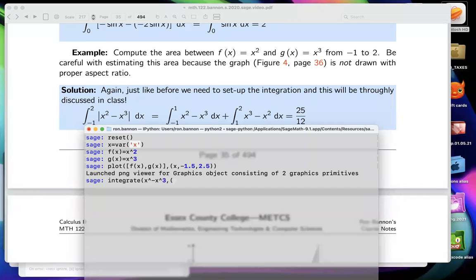And I'm going to integrate with respect to x on the interval from -1 to 1. Okay, I'm going to hit the return button. If there's an error and you come up with tons of error, you should look at the error code.